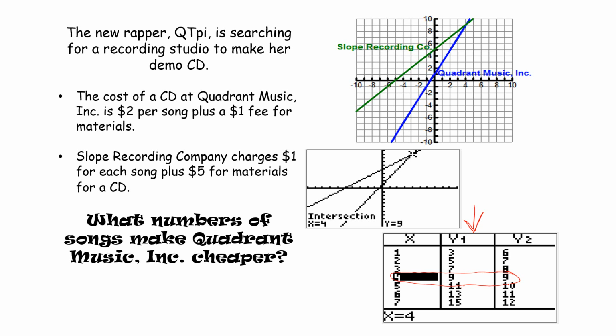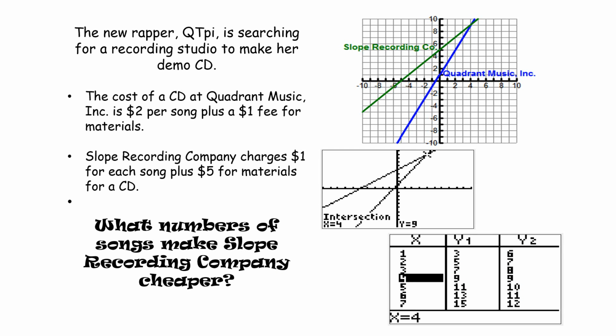It's $11 versus 10, 13 versus 11. So from numbers 1 through 3, Quadrant Music is cheaper. You can also notice on the graph, the blue line is under the green line until they hit 4 songs, making it cheaper.